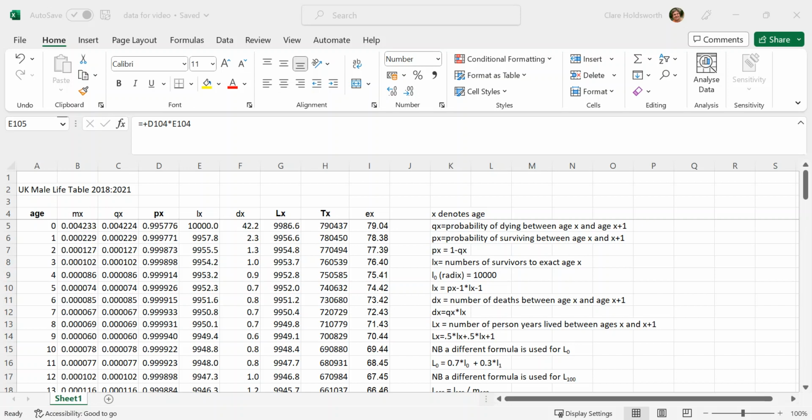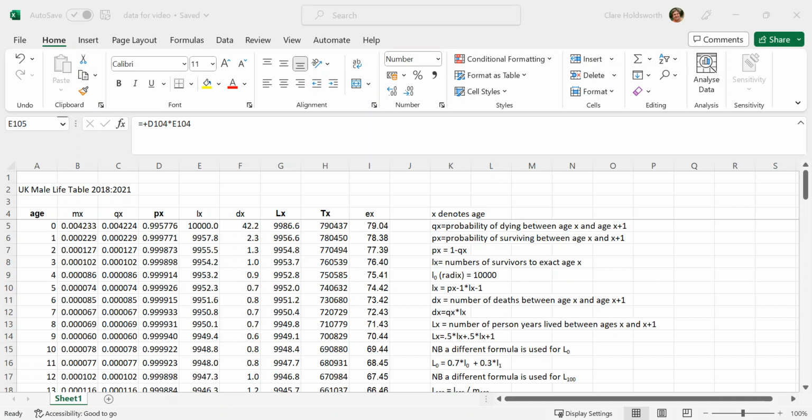So those are the first columns of the life table: the age-specific death rate, the probability of dying, the probability of surviving, the number of people alive at exact age X, so the number of people alive at the beginning of each age group, and the number of deaths between age X and X plus 1, so the number of deaths for each age group.